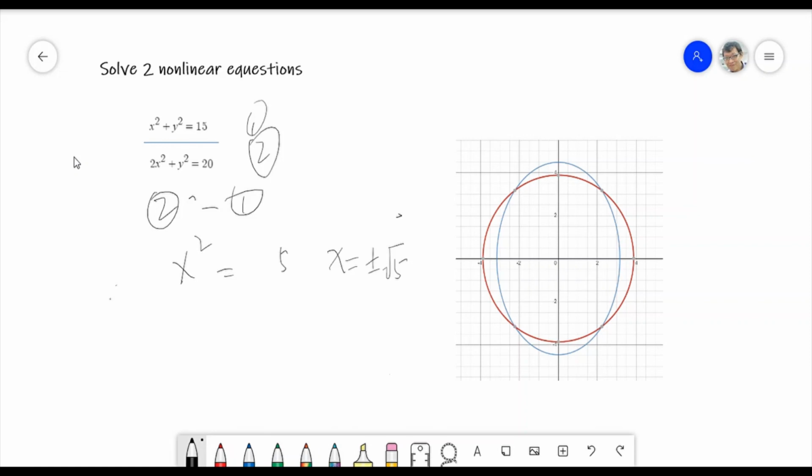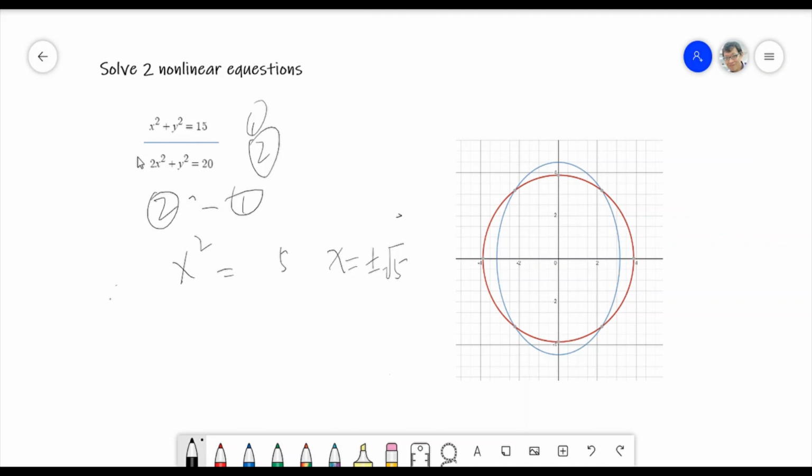So we can see this graph. Definitely x has square root of 5 and negative square root of 5, and y has 4 values, 1, 2, 3, 4, right? Why? Because x has 2 values, and every x can get 2 y values. So let's see.